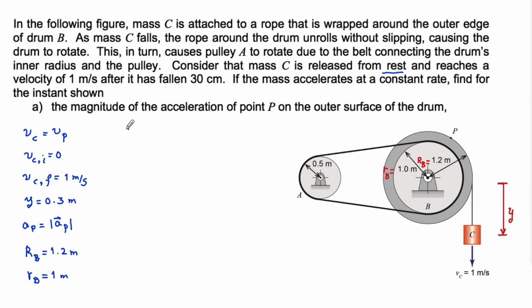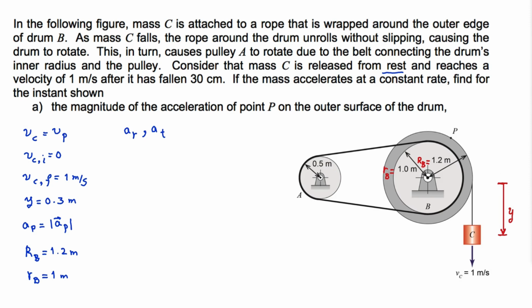AR and AT are the two components of acceleration at point P, because mass C is accelerating. Every single point on this outer surface of the drum will have the same acceleration and velocity that mass C has.